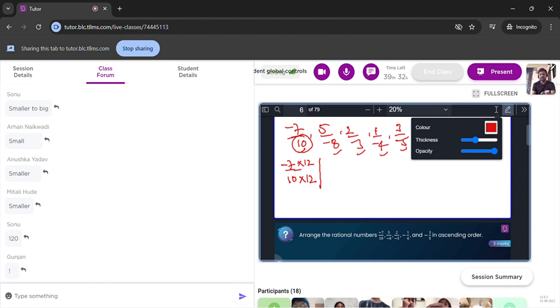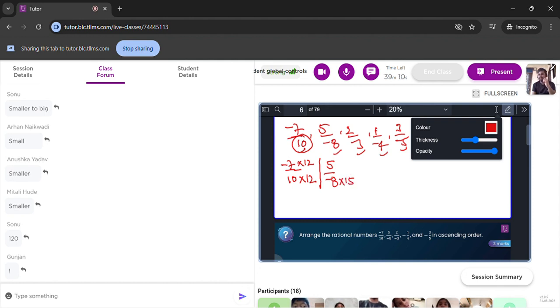In a similar way, tell me everyone, from which number will we multiply 8 so that we will get 120? 15.